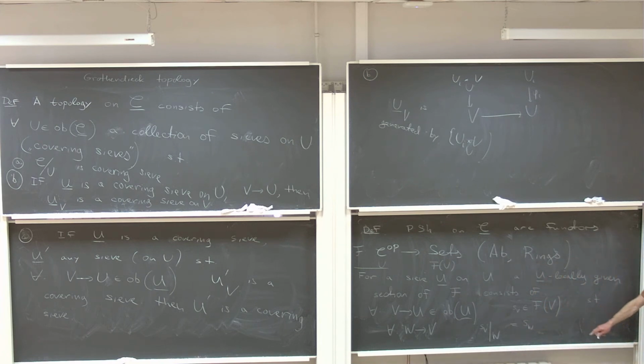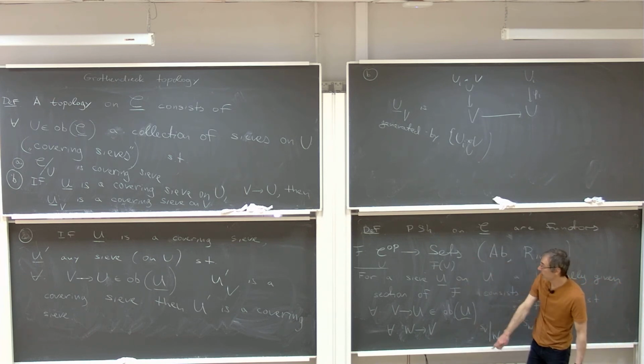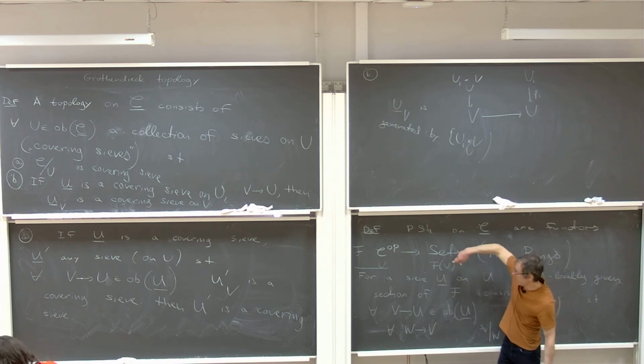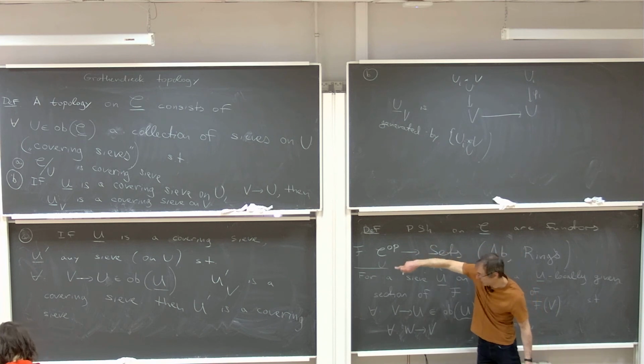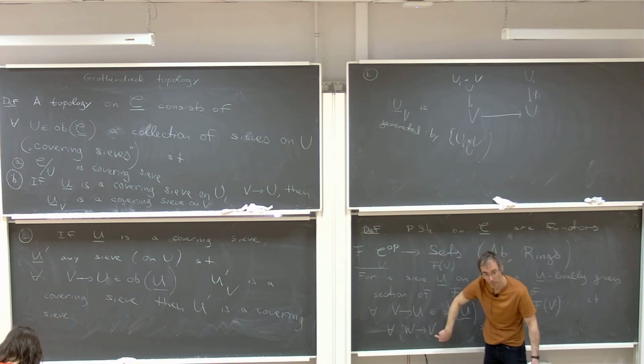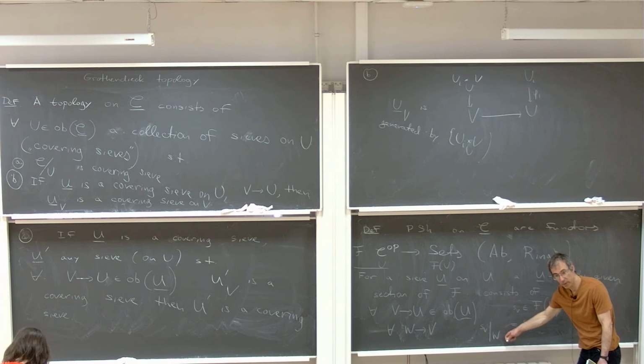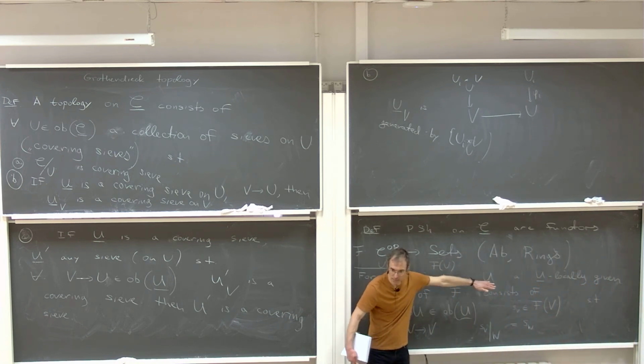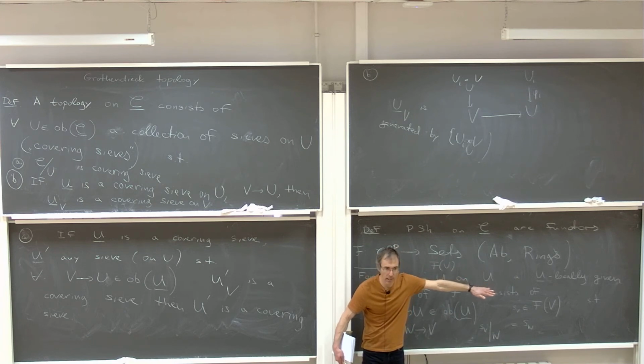So the restriction has the following meaning. It's a functor. In particular, if I have a section of F over U, I can restrict it to any W mapping to U. And this is my notation for the restriction. Again, for every presheaf and for every sieve on U, I define a certain set of locally given sections.